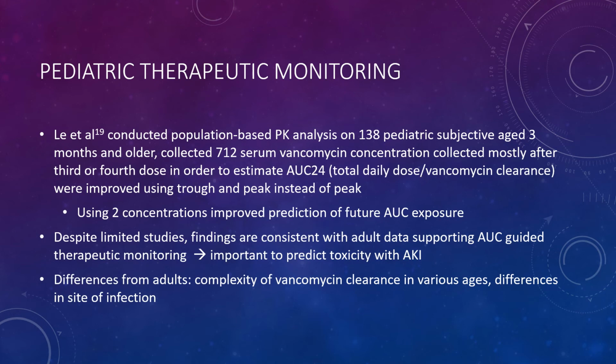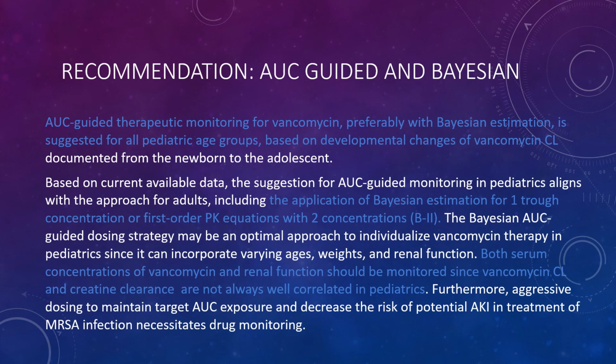There's also a difference in infection sites, such as endocarditis being more common with MRSA in adults, while we might even have osteomyelitis with children, and you have to consider bone concentration as well. This leads me to the recommendation that using AUC-guided therapeutic monitoring with Bayesian estimation will be good for all groups, including pediatrics.